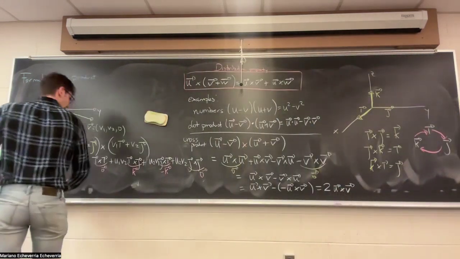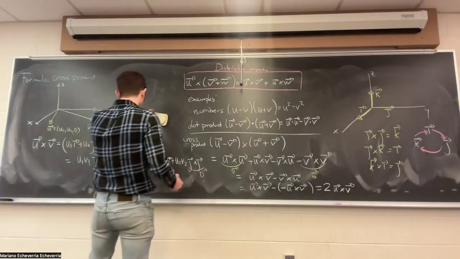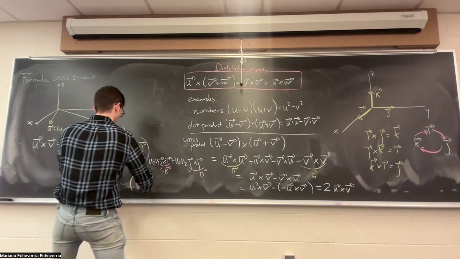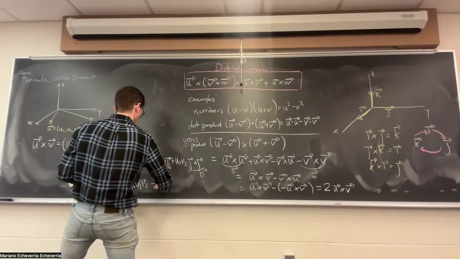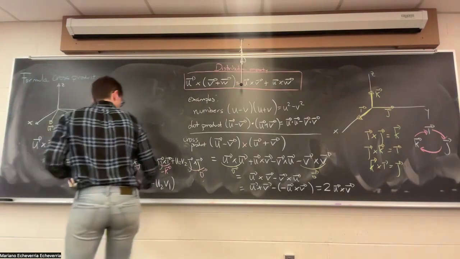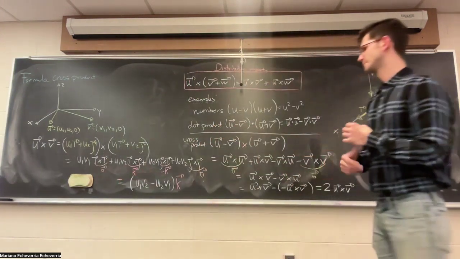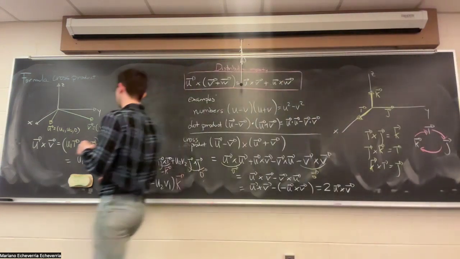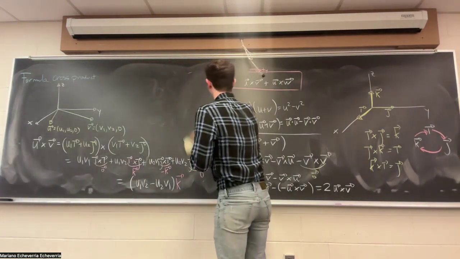That making sense? So what do you get? Notice that these two terms have a K in common, so you can factorize it. You get U1 V2 minus, because of this minus sign, U2 V1, times K. Or if you prefer, let me rewrite it in a slightly different way.